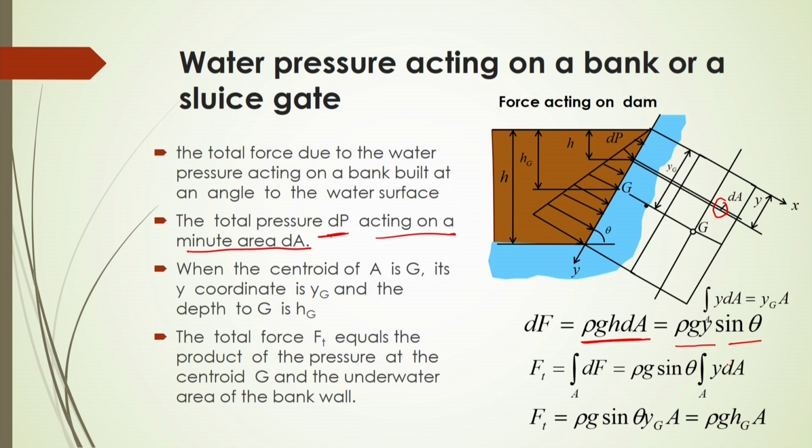Then the total F will be equal to rho g sin theta times the integral of y dA, so F equals rho g sin theta yg into A, that is rho g hg into A.